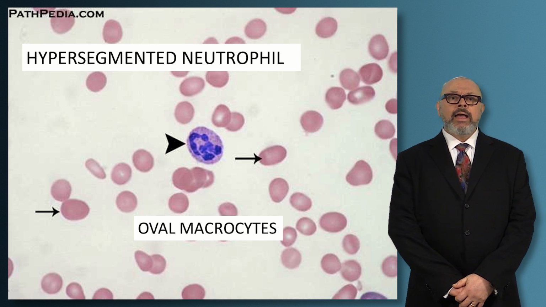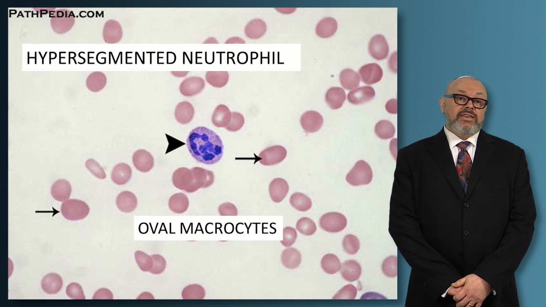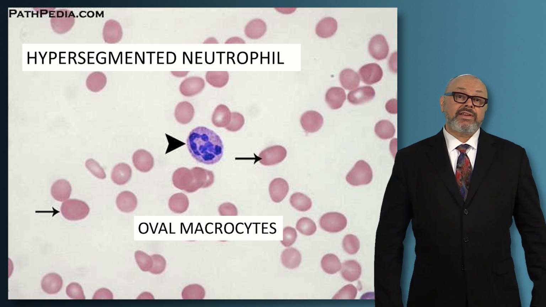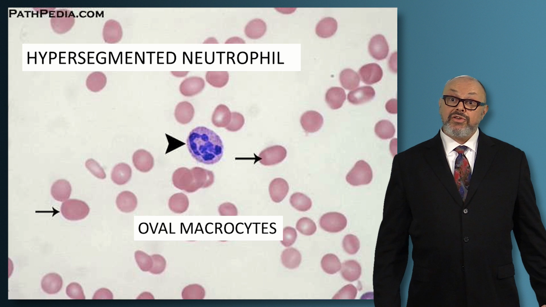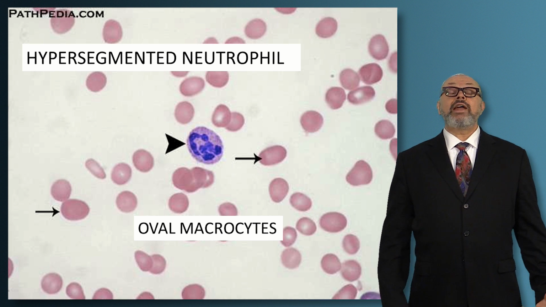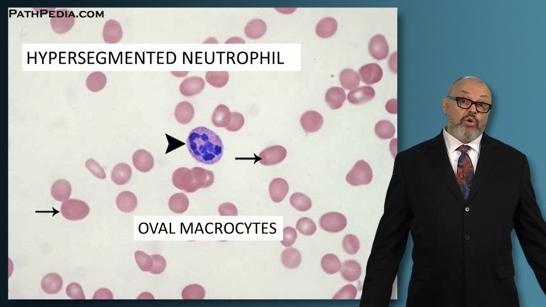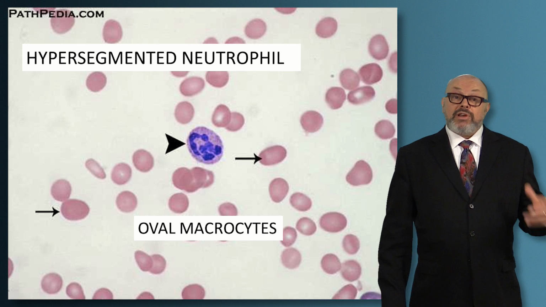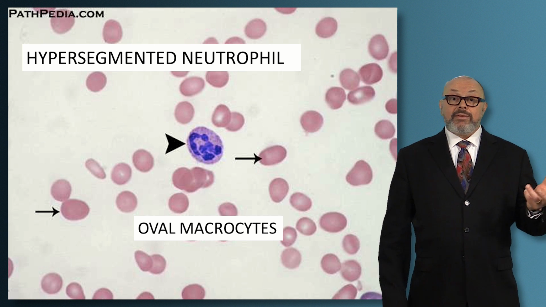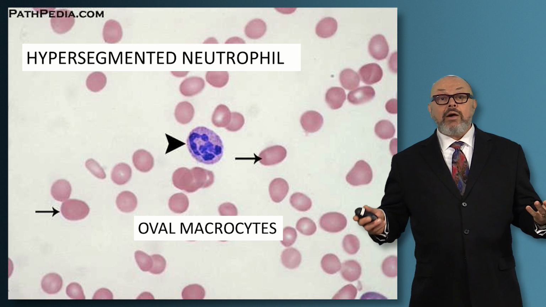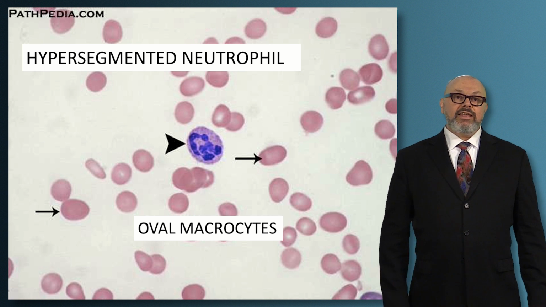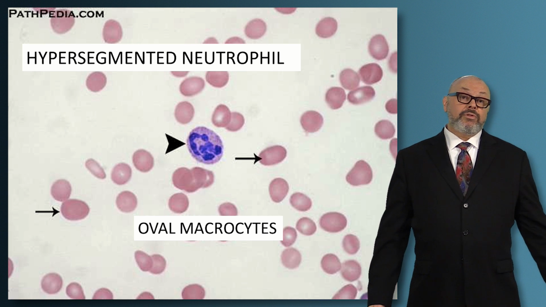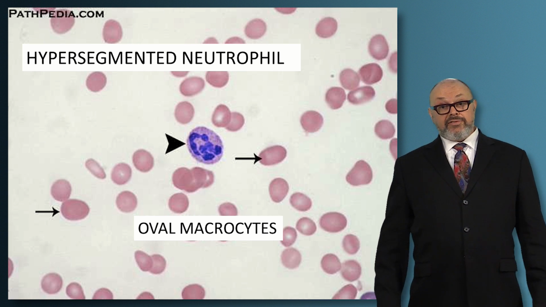That's too many. Also pointed out in this film are 2 red blood cells. Red blood cells are larger than average and also have a pronounced oval shape. They're oval macrocytes. The presence of oval macrocytes and hypersegmented neutrophils screams out a diagnosis of megaloblastic anemia caused by, for example, vitamin B12 deficiency or folate deficiency.